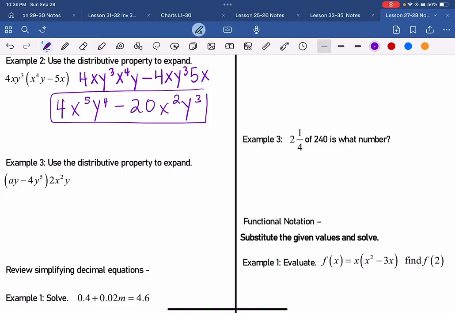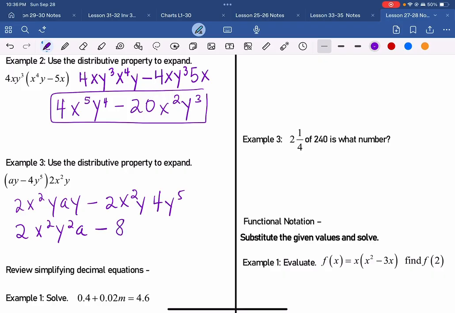So here we have 2x squared y, 4y minus, rewrite it again, 2x squared y, 4y to the 5th. Now we clean it up. 2x squared y squared, minus 8, because 2 times 4, x squared y to the 6th. How'd you do?